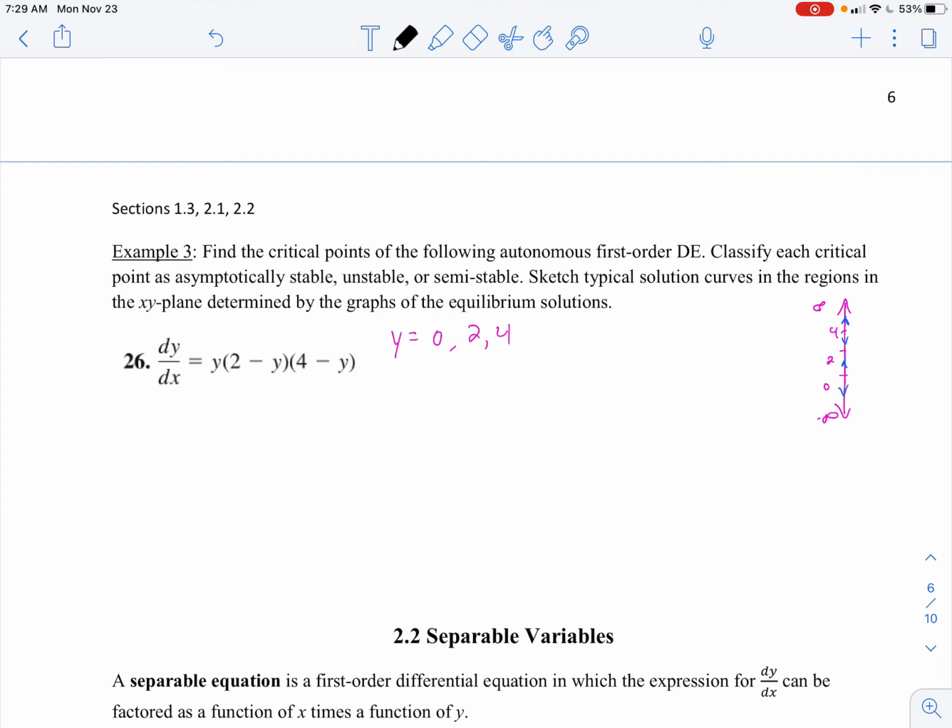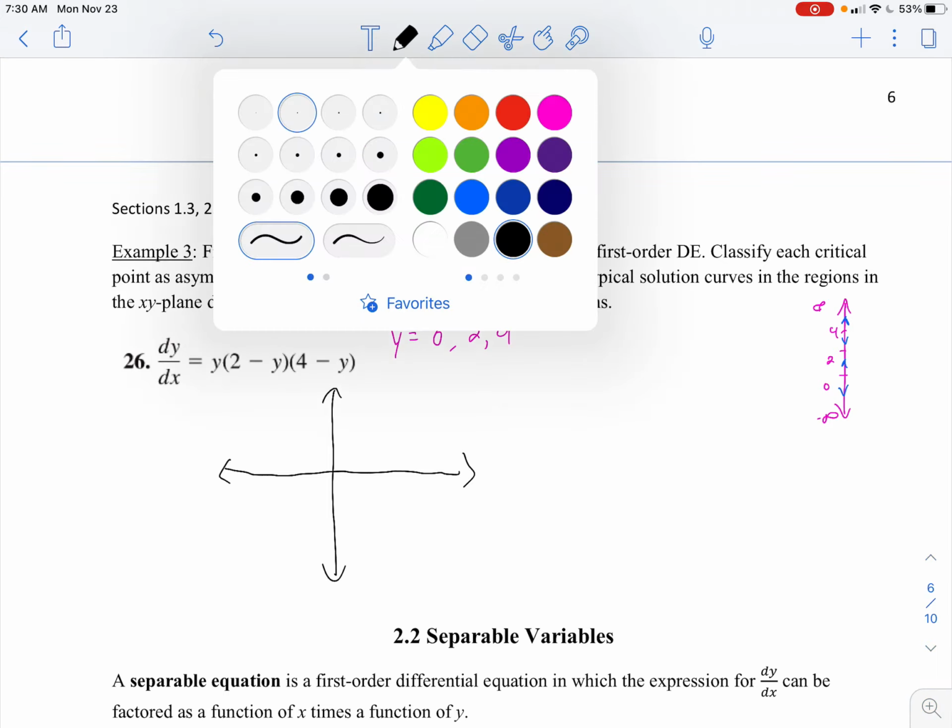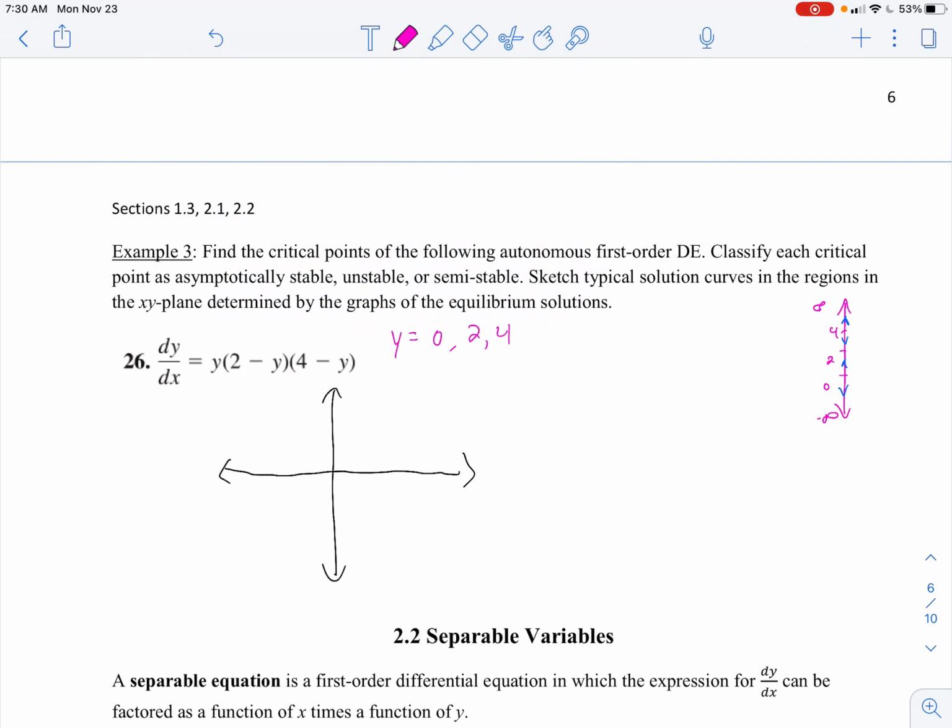So this is not going to take very long. Here we'll have an xy plane, and we're going from 0 to 4, so I'm going to move this down a little bit.